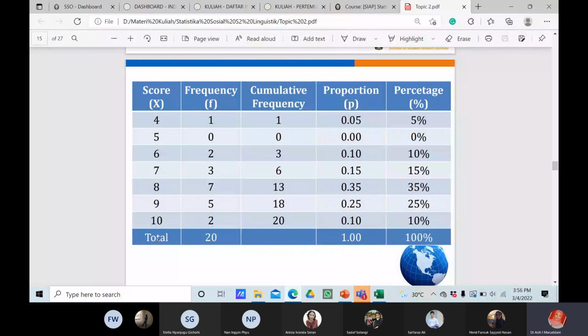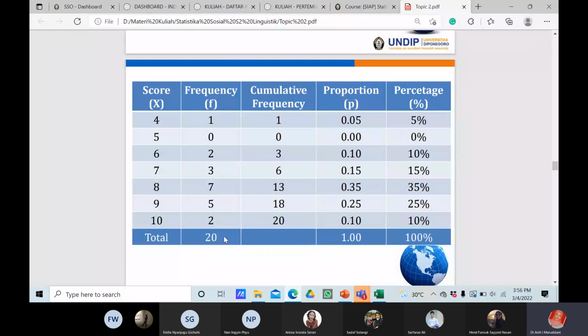And you have to check that the cumulative frequency should be equal to the number of the data.